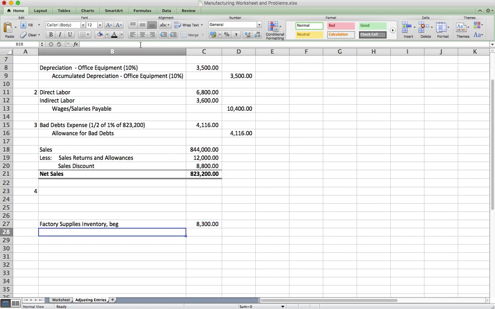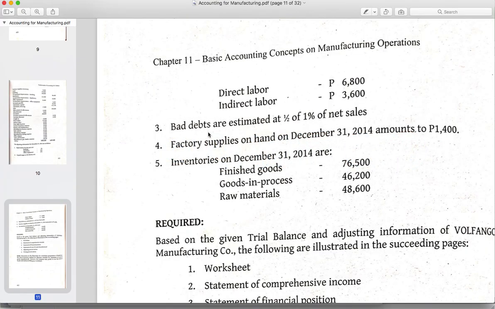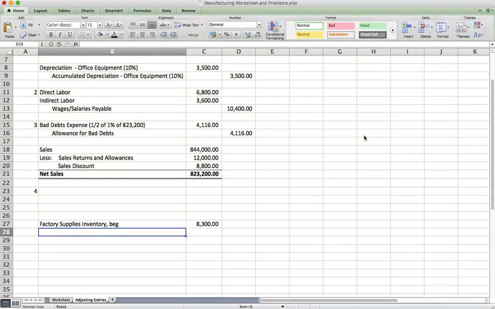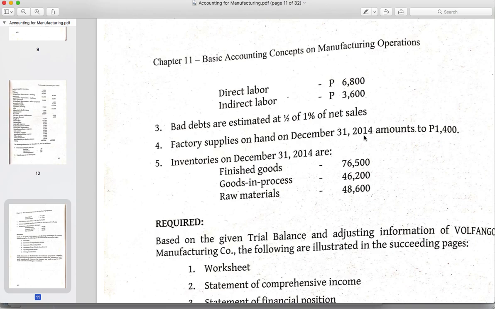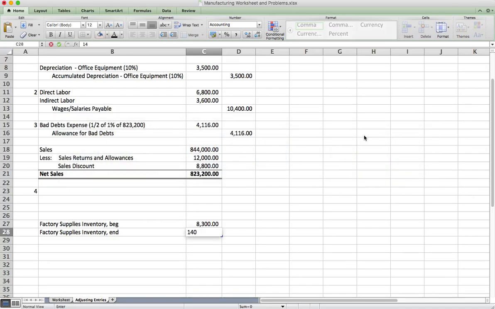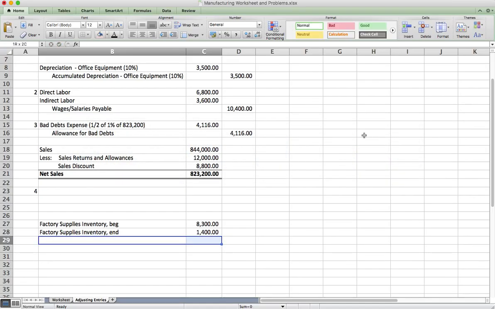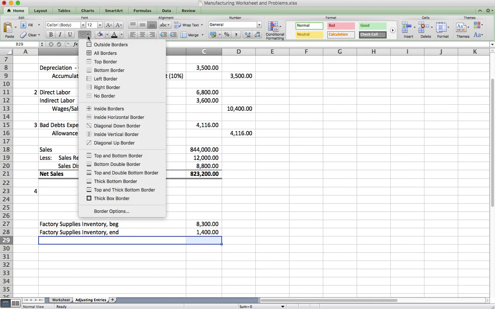Ito, beginning. And then, ano yung factory supplies inventory end? Magkano na lang? 1,400. Magkano nabawas? Anong nangyari sa nabawas? Nagamit.